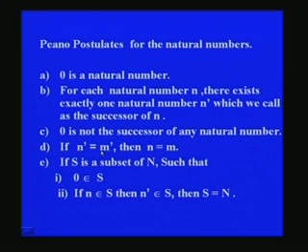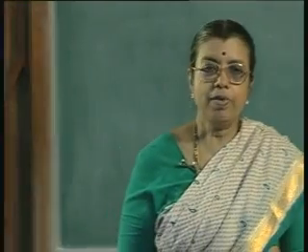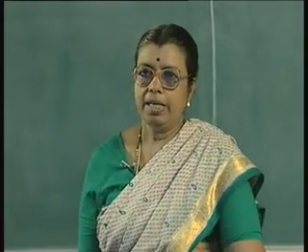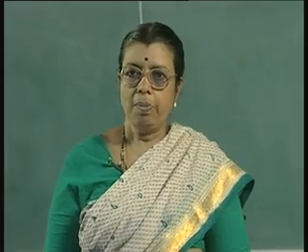That is, if n dash is equal to m dash, then n is equal to m. The last one is the extremal class, which is like this: if S is a subset of N such that 0 belongs to S and n belongs to S, then n dash belongs to S, then S is equal to N. This is the usual extremal class. So, we can define natural numbers in this way using Peano postulates.